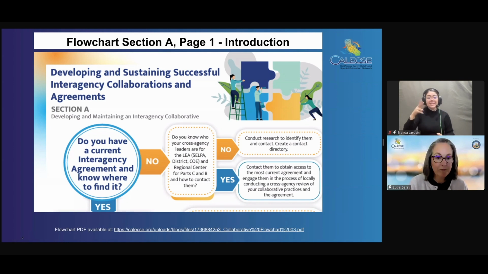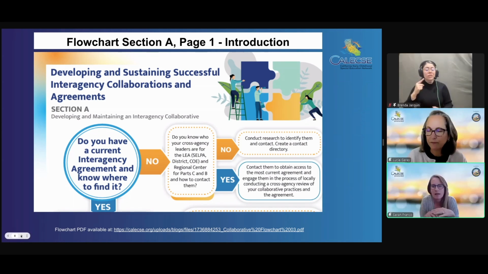Good morning, everybody. I'm going to go over part 1. So like Lucia said, we have these flow charts and links for you. She just showed you the whole thing in a snapshot. We're just going to kind of dissect it a little bit piece by piece. So really, first part in starting is knowing, do you have an interagency agreement?